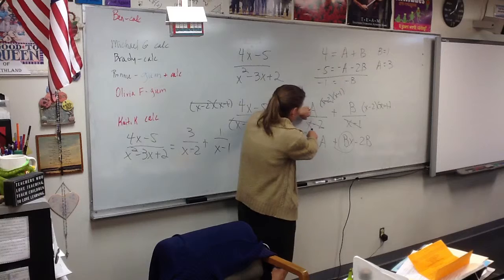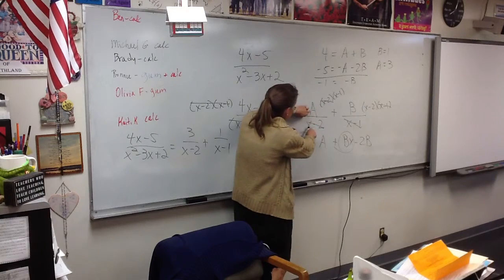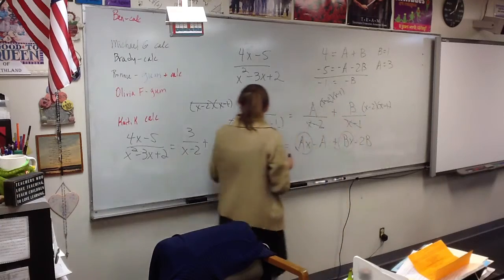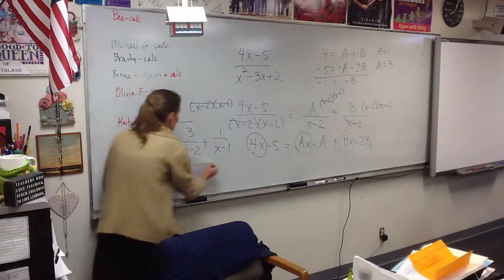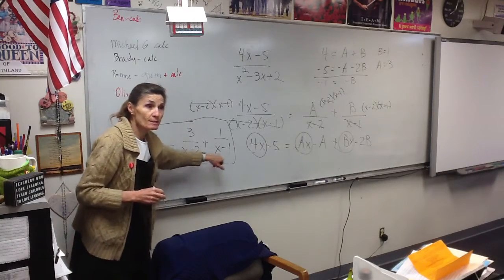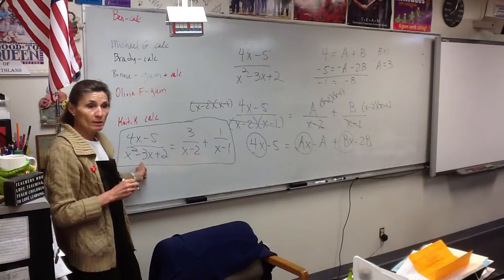A over x minus 2 is our original setup. So 3 over x minus 2 plus 1 over x minus 1. There's the partial fraction decomposition. These two little fractions add up to this.